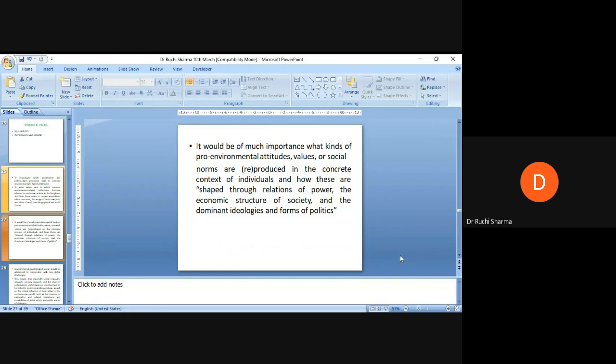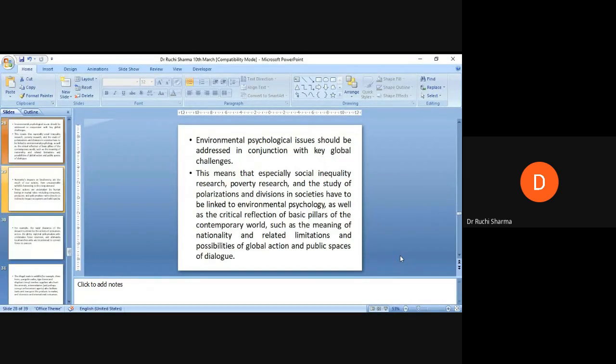It would be of much importance what kinds of pro-environmental attitudes, values, or social norms are reproduced in the concrete context of individuals, and how these behaviors are shaped through relations of power, the economic structure of society, and the dominant ideologies and forms of politics.